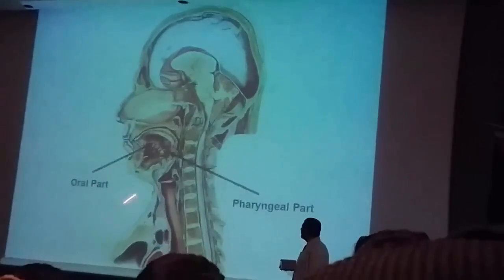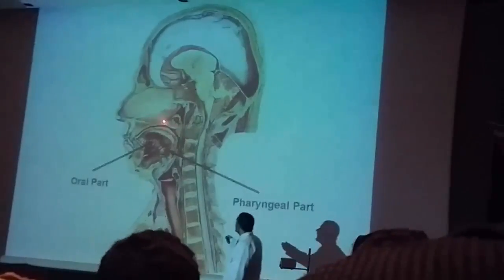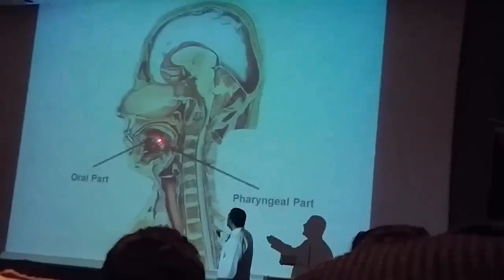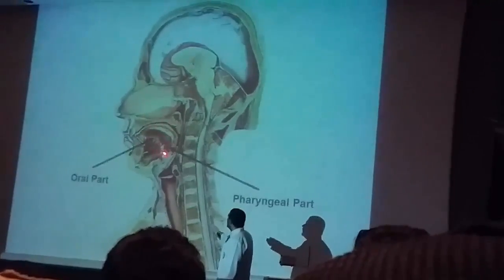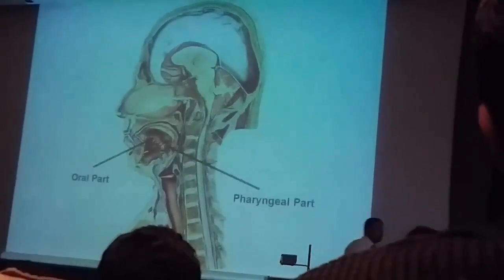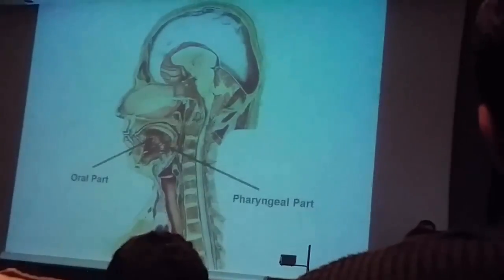When you look here, you can see that the anterior 2/3 can be demarcated by the junction between hard palate and soft palate. This is the oral part, and this one would be the pharyngeal part. So the oral part is about 2/3, the pharyngeal part is about the remaining third of the tongue.